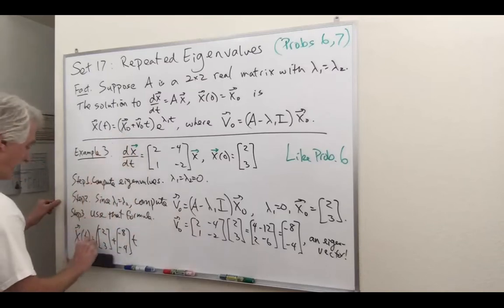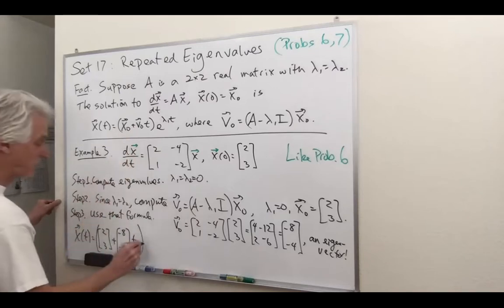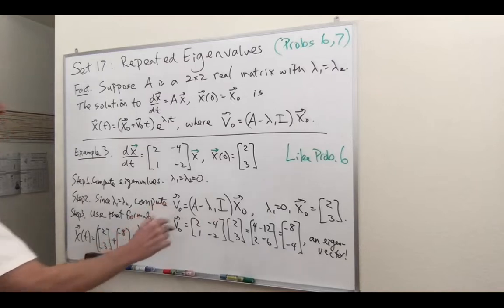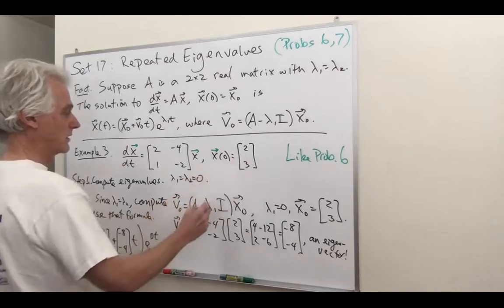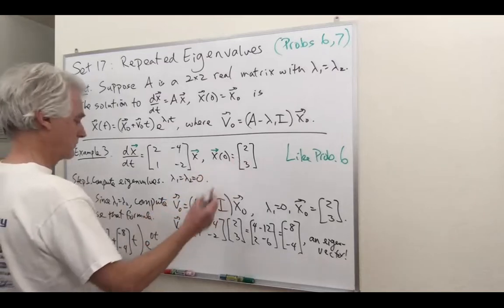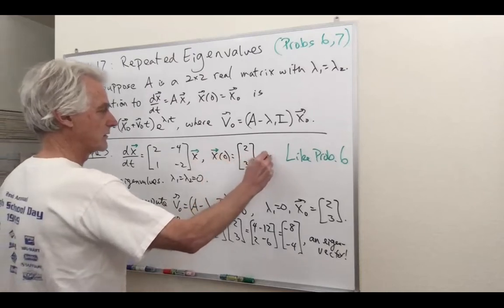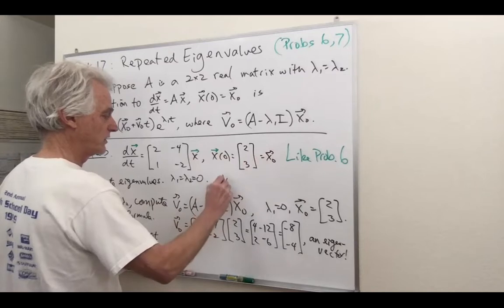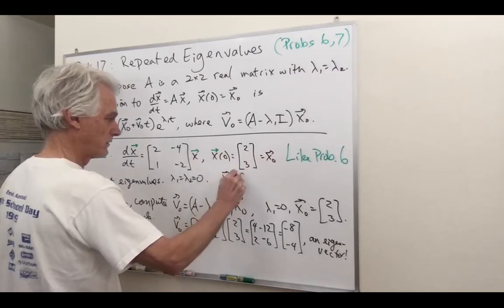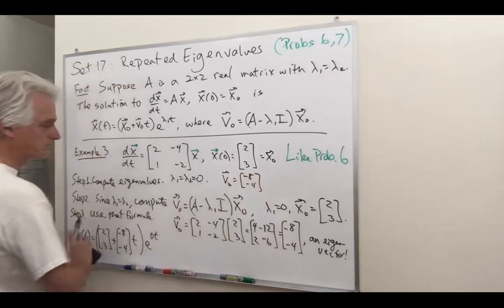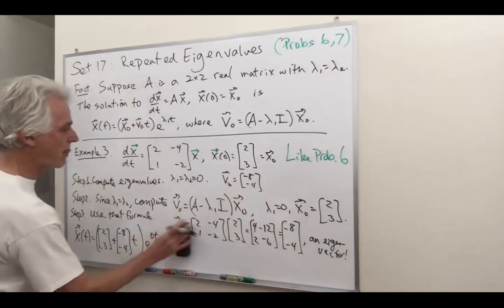That whole thing gets multiplied by e to the 0 t. Let's just summarize. We have that as x naught, and we've computed that v naught is negative 8, negative 4.